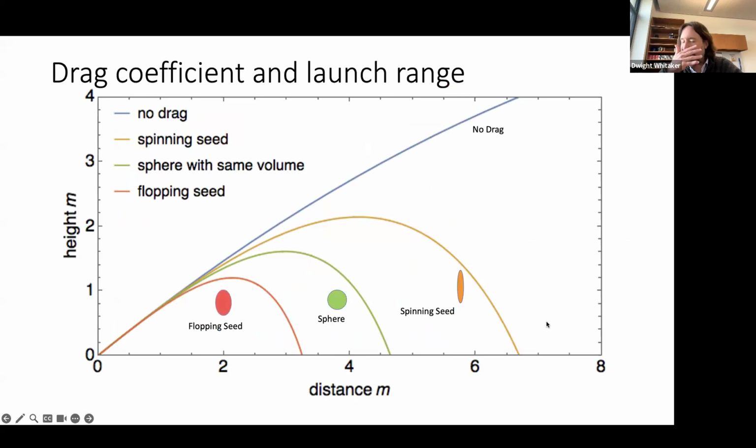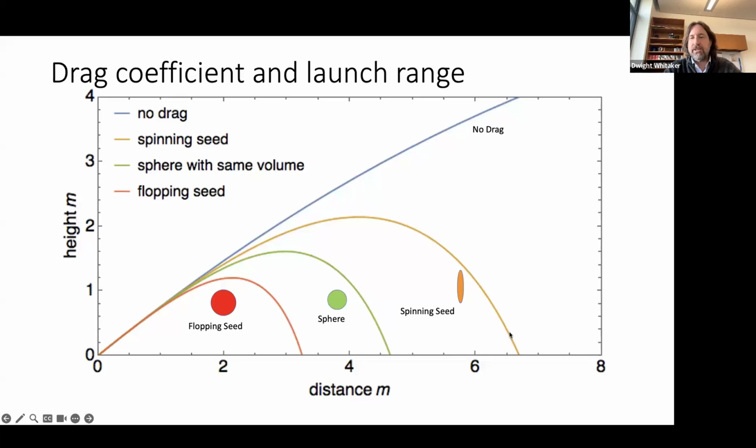All right, and we can extrapolate that into projected launch distances. Here is no drag. So you can see, these are still confetti. They're still very light. If they had no drag and were launched at 15 meters per second, they would go quite far. But we don't live in a vacuum, so this isn't going to be the case. The spinning seed, based on our drag parameters, we estimate this particular launch goes about 6.5 to 7 meters.